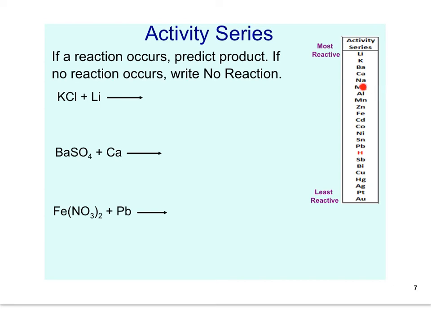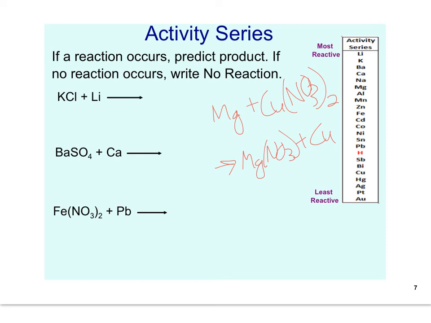For example, you may have had magnesium as a metal, and then let's say you mixed that magnesium with, in the lab you probably saw it mixed with a copper nitrate solution. Well, this reaction absolutely occurred. You're going to have this reaction go through and it's going to produce magnesium nitrate and copper by itself.